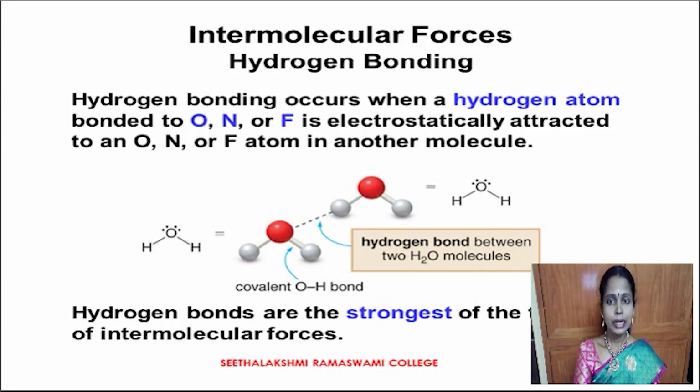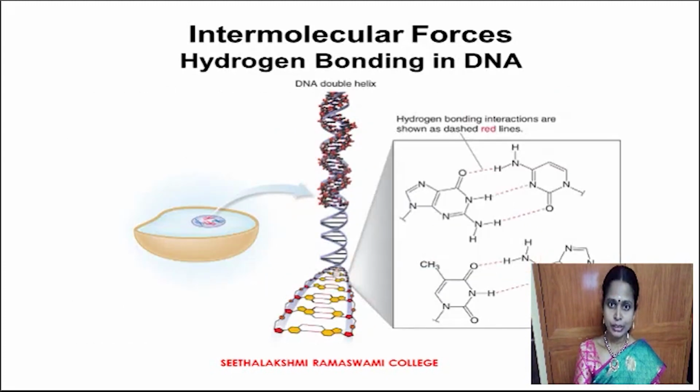And the dotted lines represent the hydrogen bond between the two water molecules. Hydrogen bonds are the strongest of the three intermolecular forces. Hydrogen bond also exists in the DNA. The role of hydrogen bonding is very important for the proper functioning of DNA.